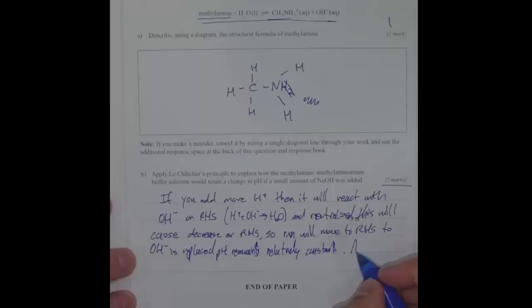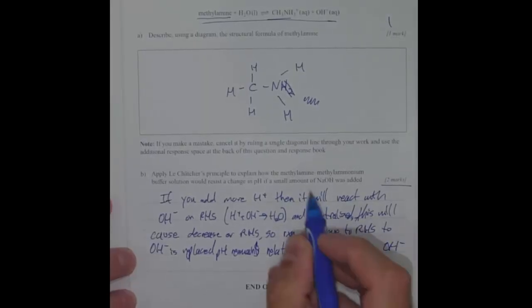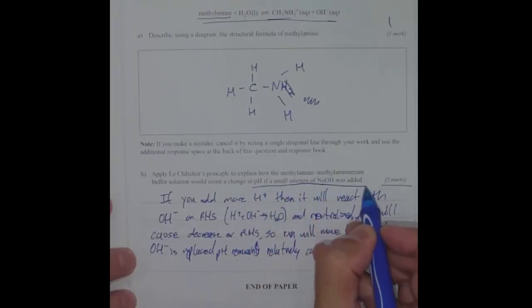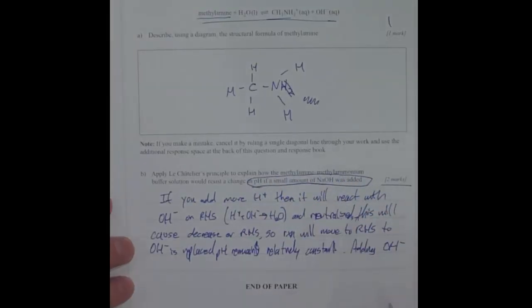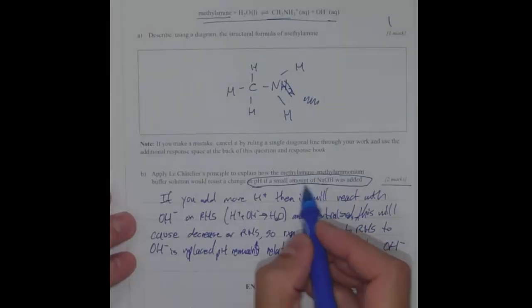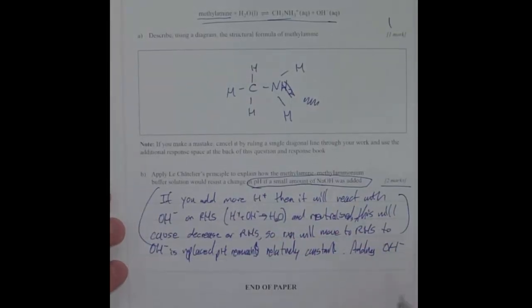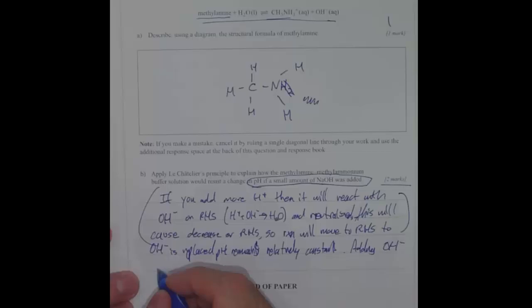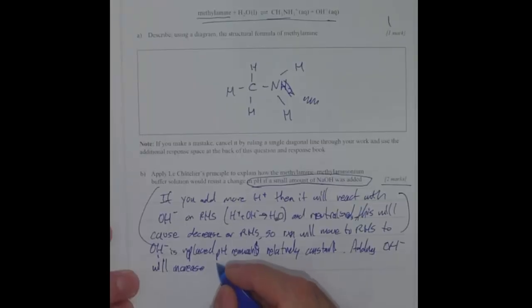All right, adding OH minus. Oh, sorry, I've only meant to do that one. Damn it, already thought I said too much. Oops, I was in brackets. Adding the OH minus, oops, will increase, I think I'm just getting too tired, increase the right hand side.